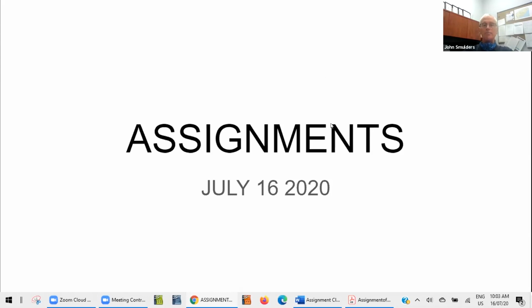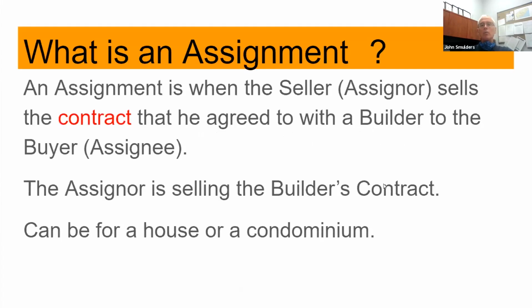So assignments. So what is an assignment? The basics. An assignment is when the seller, who is the assignor, assigns the contract that he agreed to with the builder to the buyer, who's the assignee. When you do an assignment, you are not buying or selling the unit or house.